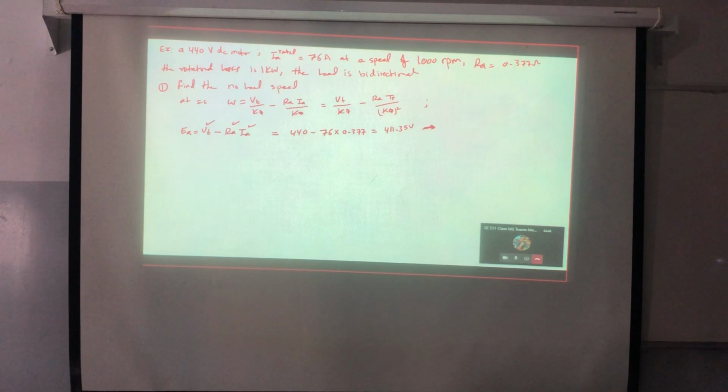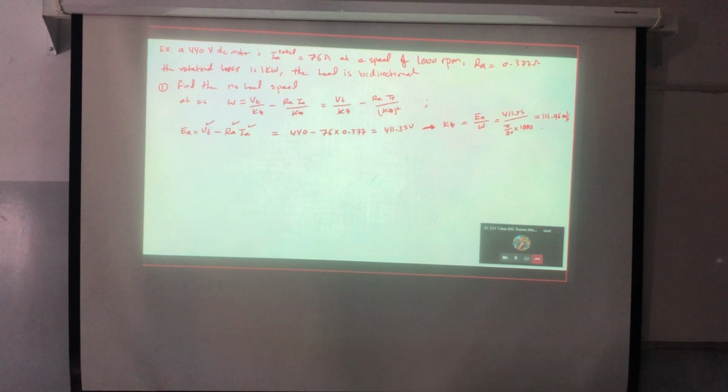And now I can find K phi, which will equal EA over omega, correct? EA is already here, 411.35. Omega is equal to 1000 times pi over 30, and this will equal 104.72 rad per second.